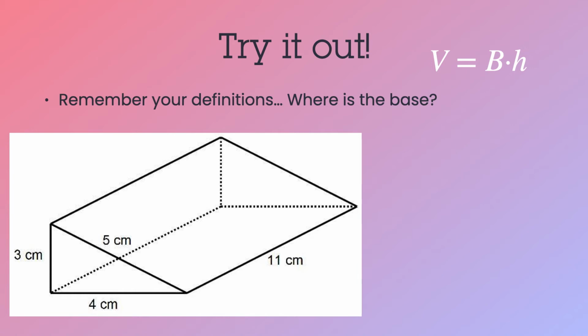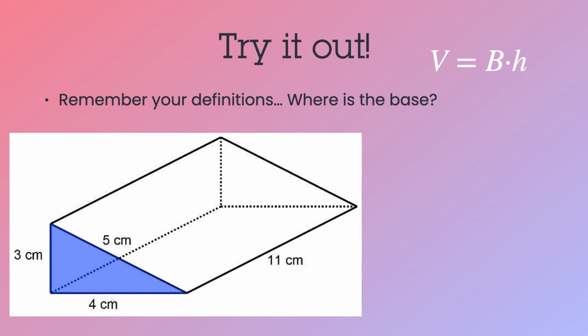The temptation is to make it just whatever side looks like the bottom, which in this case would be a rectangle. But that's not what makes something a base of a prism. Specifically, the base of the prism is whatever polygon gets repeated with some rectangular sides connecting them. So our base here is actually this triangle. This is a triangular prism.